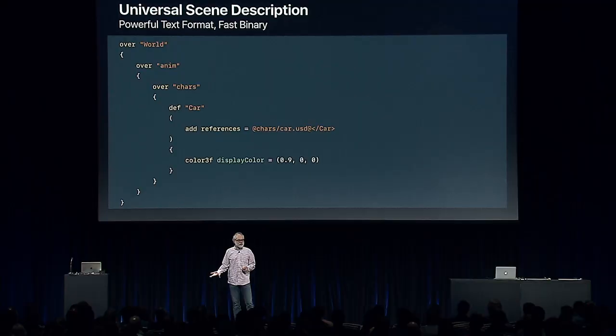I also want to mention that Universal Scene Description has an ASCII format and a fast binary format. So the mesh, with all the thousands of vertices and normals and so on, I'm going to export as binary.